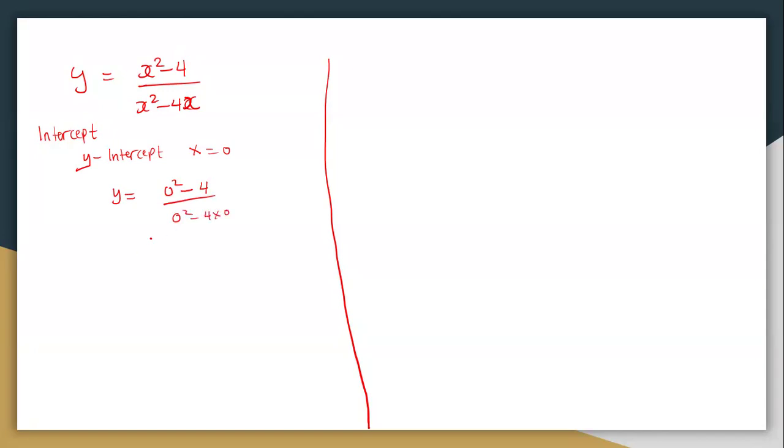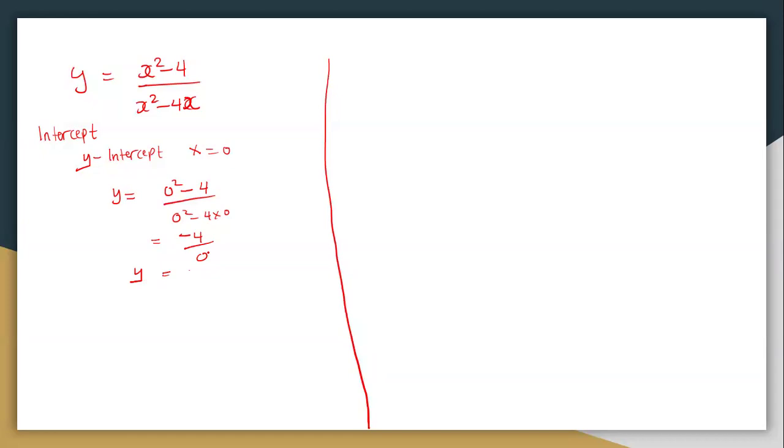So there we're going to have our y as negative 4 out of 0. The answer being negative 4 divided by 0.